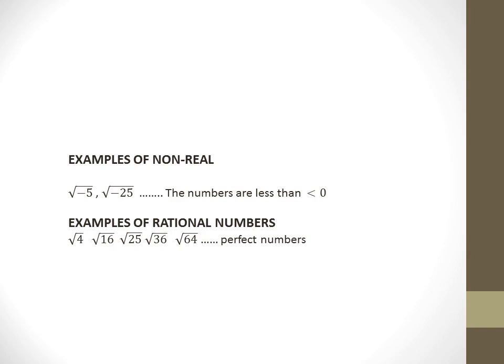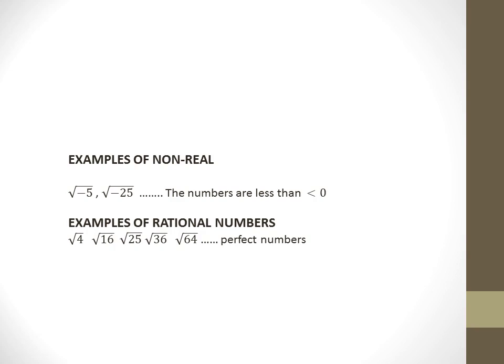We also have examples of rational numbers. We are going to have square root of 4, square root of 16, square root of 25, square root of 36, square root of 49, square root of 64. And these numbers are perfect numbers. Perfect numbers in the sense that when we take 4, we have two numbers that are the same. When you multiply, you will have 4, and the numbers are 2 and 2.